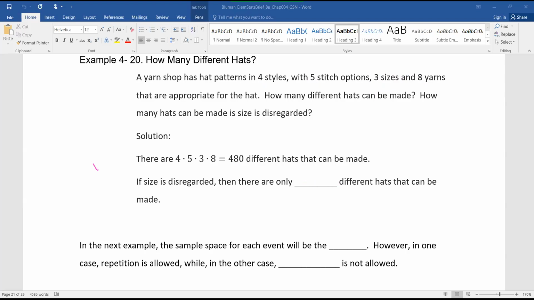So basically, if I'm looking for all the possibilities, repetition can't happen. I can't do the same style, the same stitch, the same size, and the same yarn twice. It'd just be as long as it's one of those four things.